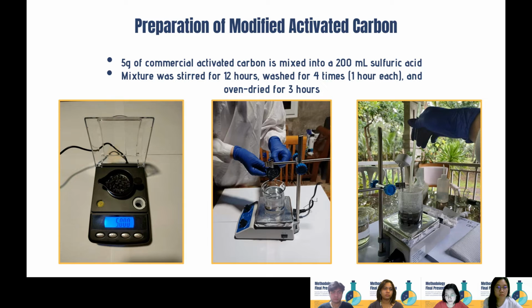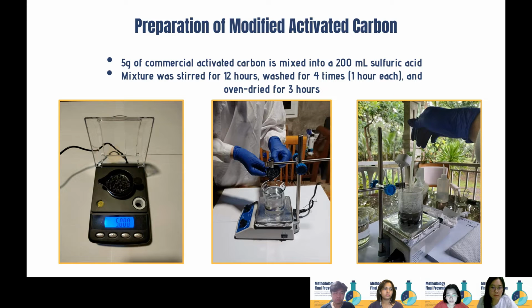For the first washing, the pH of the filtrate was determined to be 1. For the second washing, the pH went up to 4.64. For the third and fourth washing, the pH remained at 6, so at this time we already stopped the washing procedure.